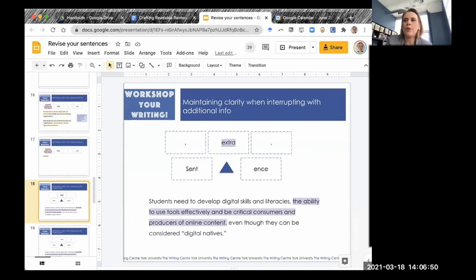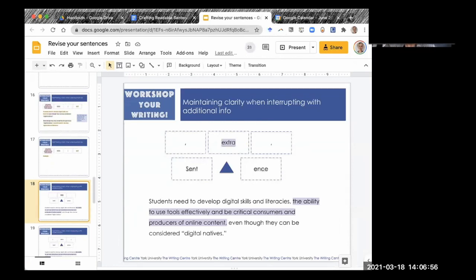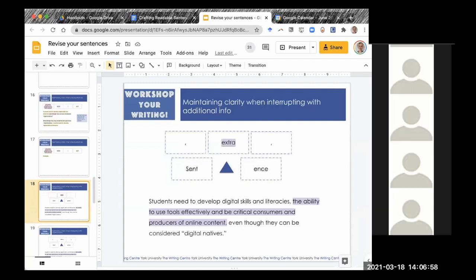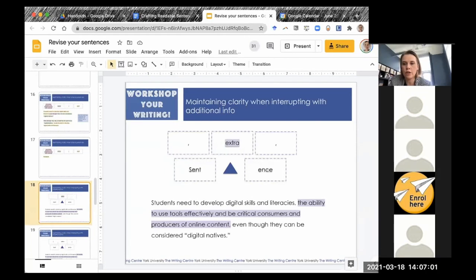Okay, so when you have a bit of extra information, and this happens all the time in academic writing, because what we want to do in academic writing is define our terms over and over again. So we're constantly wanting to insert little definitions into our sentence just to get them out of the way. They're not important, they're extra additional information. And so these are called insertion phrases.